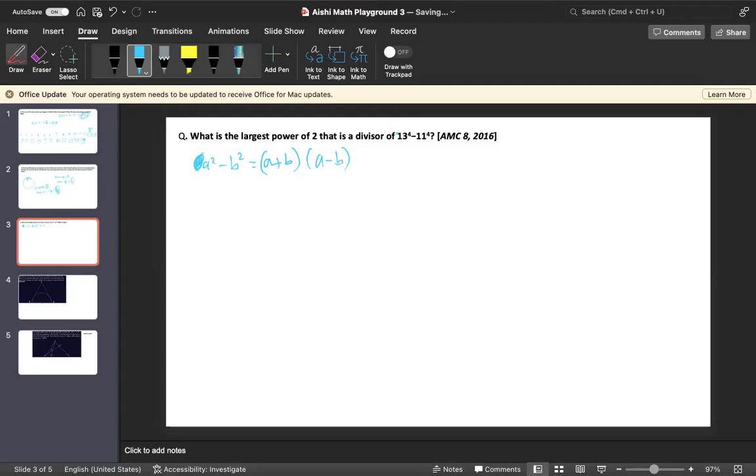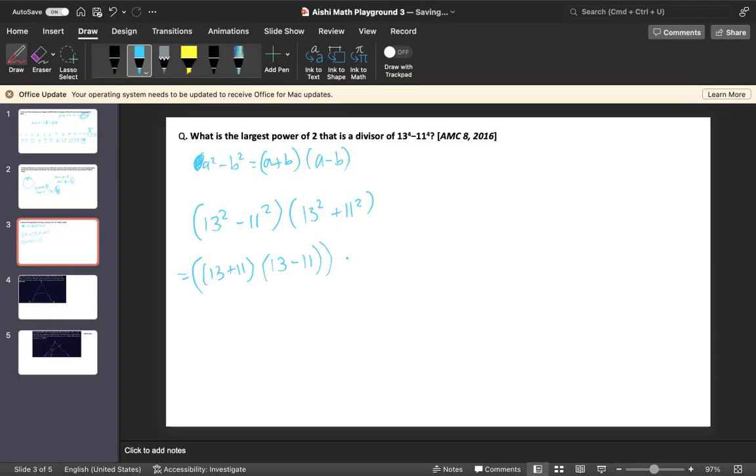So let's use this. Over here we would get 13 squared minus 11 squared times 13 squared plus 11 squared. So we have 13 squared minus 11 squared, which we can also write as 13 plus 11 times 13 minus 11, right?